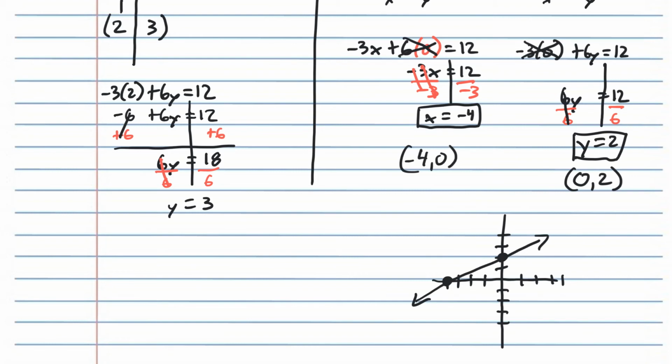Okay. I'm going to put another one on the screen that I want you guys to go ahead and try. All right, I'm going to go ahead and start a new page just to kind of make things easier. All right, so the question I would like you to try is 4x plus 10y equals 20. And again, I want you to find the intercept.